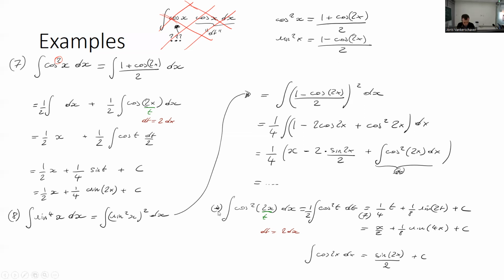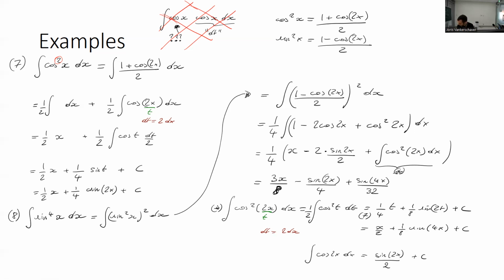And now I can put everything together. So you can plug the results that we just obtained into this expression. And then you'll see there are some x's that combine, and you'll have a term sine 2x and a term sine 4x. And when you do all the simplifications, you will get that the result is 3x divided by 8, minus sine 2x divided by 4 plus sine 4x divided by, in this case, 32.